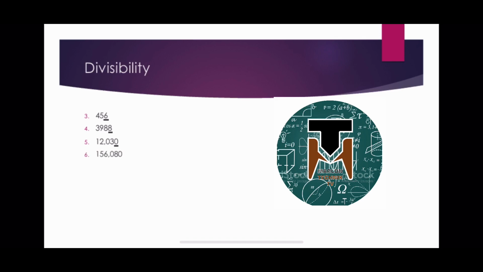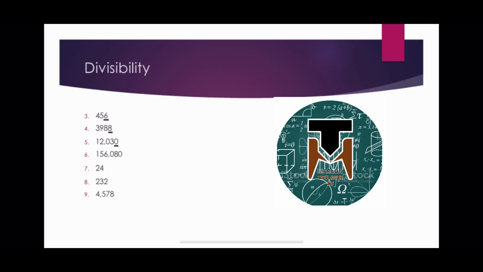Number 6, 156,080 is divisible by 2 because it ends with 0. Number 7, 24 is divisible by 2 because it ends with 4. Number 8, 232 is divisible by 2 because it ends with 2 and also it is an even number.